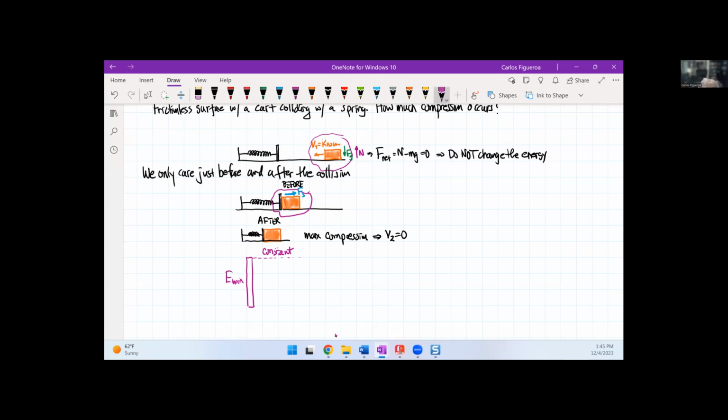Right before it collides, there's no spring interaction, so all of this energy has to be in the form of kinetic energy, where the spring potential energy at 1 is 0.